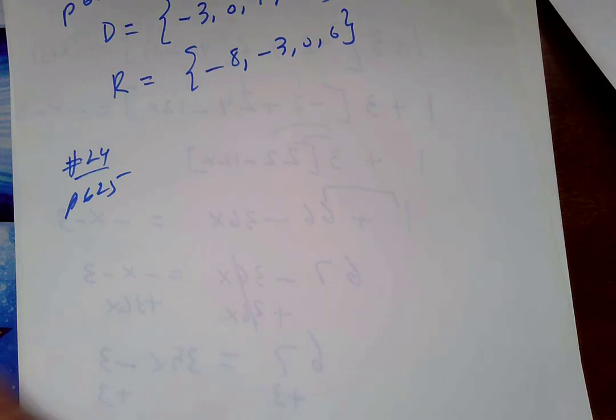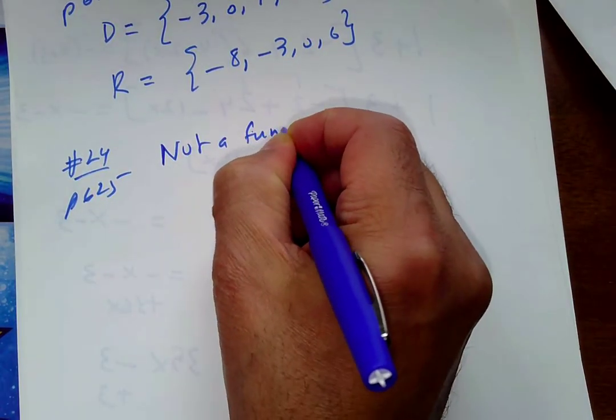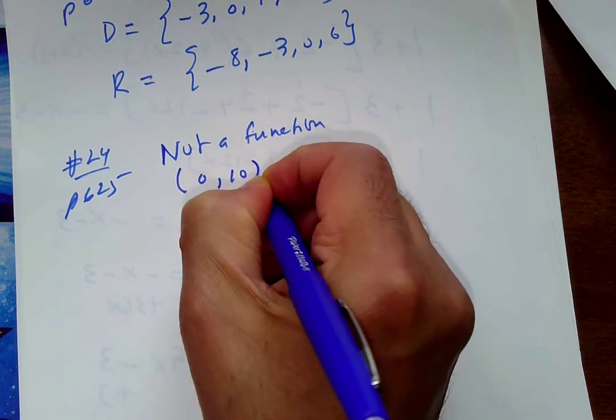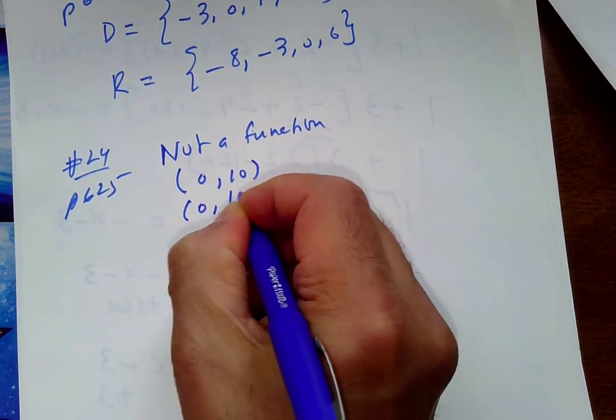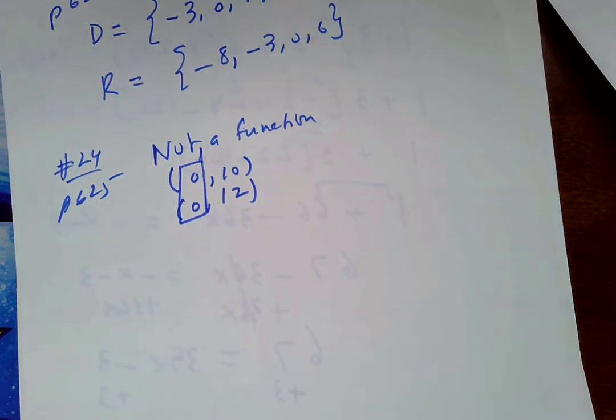It's not a function. If you look at the chart, the x value of 0 is paired with 10, and 0 is also paired with 12. Remember, no x value can be paired with two or more y values. It has to be one x with one y. Y can be paired with as many x's as it pleases, but not x.